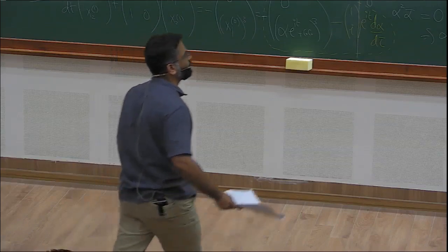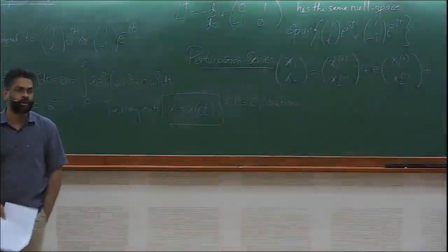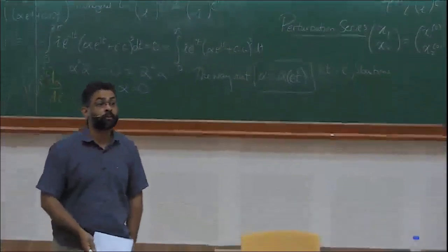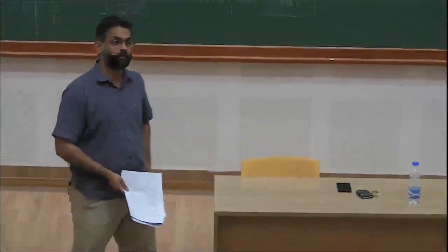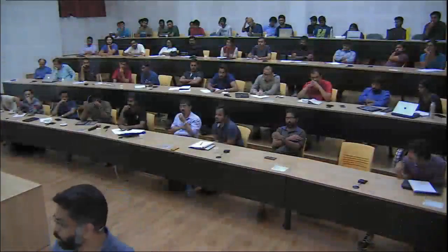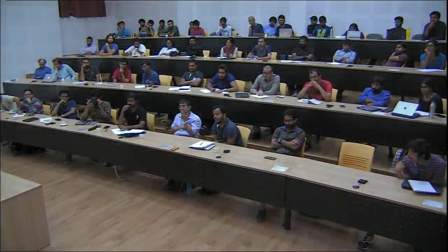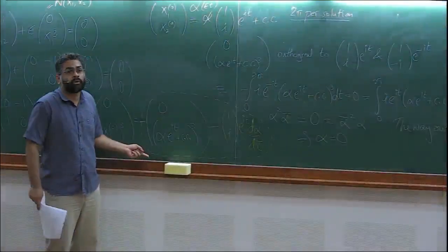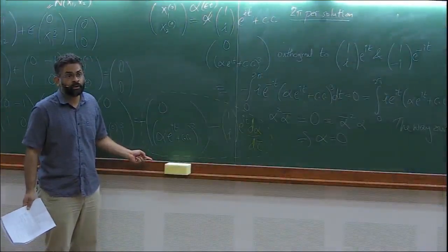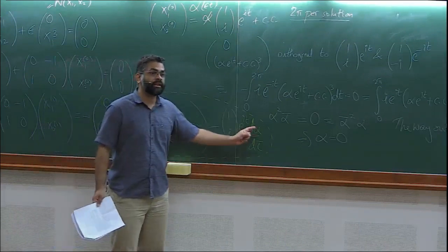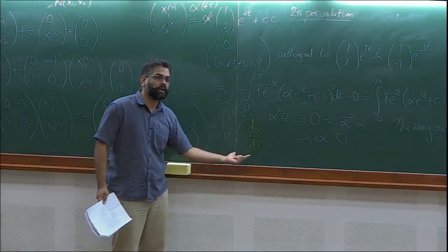Okay, so the question is, why did I assume an epsilon here, not an epsilon squared or an epsilon cubed, and so on? Suppose I assumed epsilon squared. Well, I wouldn't get this term here. So then I'd have the same problem, and I wouldn't actually solve my problem. So how can I make d alpha d tau appear here?